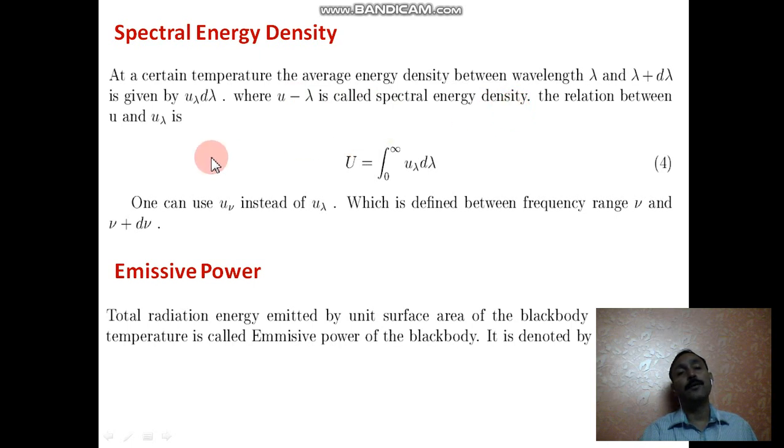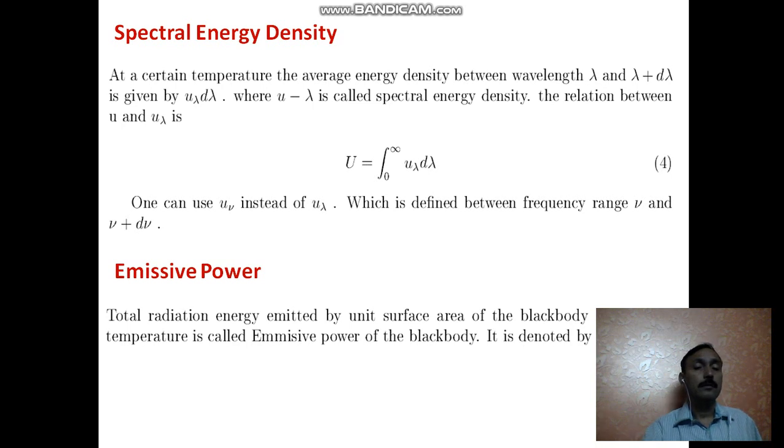The relation between U and U lambda is capital U is equal to the integration from 0 to infinity of U lambda d lambda. One can also use the frequency spread. Then instead of U lambda, we will use U suffix nu. This is defined for the frequency range nu and nu plus d nu.